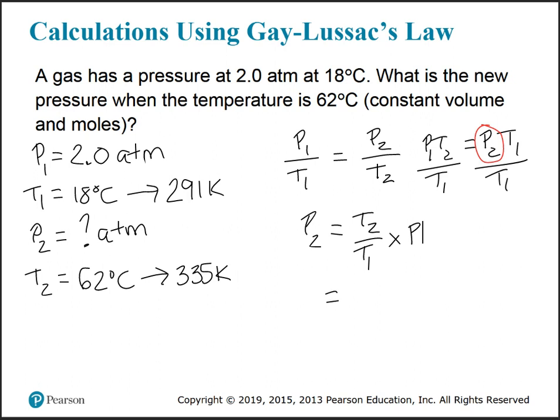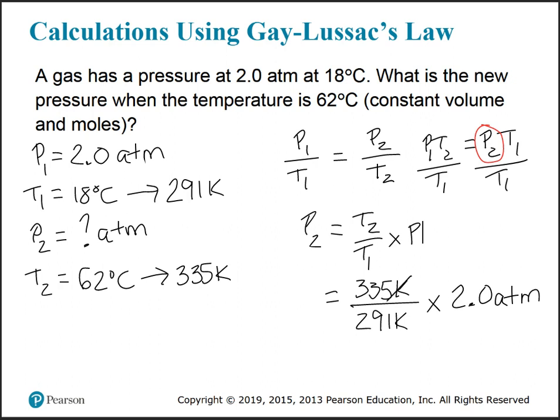And when you plug everything in, it should look like this. Your T2 is 335 Kelvin. Your T1 is 291 Kelvin. You're multiplying that by P1, which is 2 atmospheres.